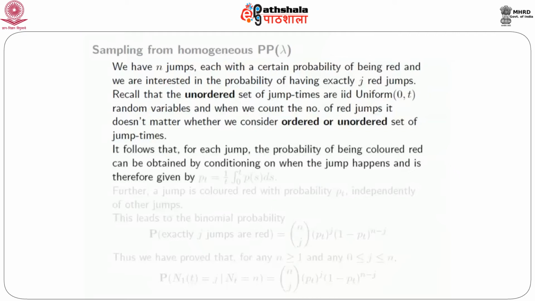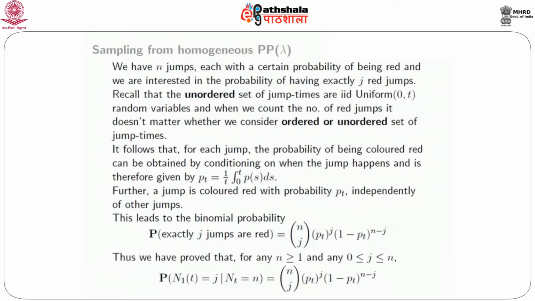It follows, therefore, that for each jump, the probability of its being colored red can be obtained simply by conditioning on when the jump happens, and is therefore given by p sub t equal to 1 over t times the integral from 0 to t of ps ds. So a jump is colored red with probability ps if the jump happens at time s.